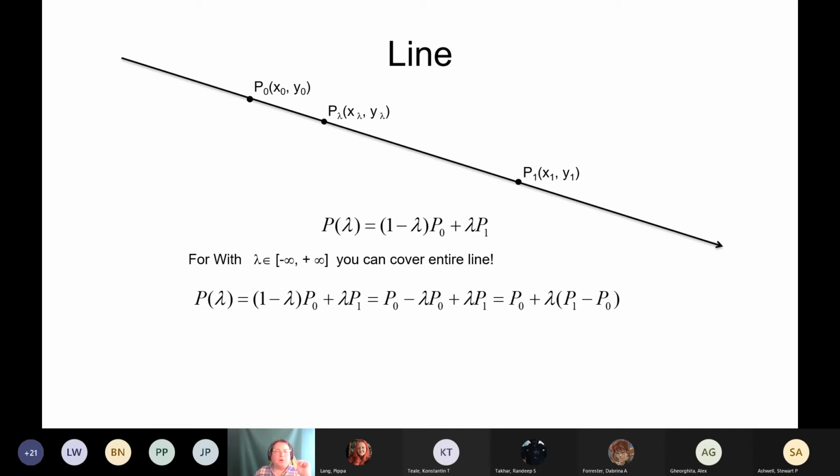Now, what I propose is a little bit of math. So 1 minus lambda P0 plus lambda P1, getting rid of this bracket: P0 minus lambda P0 plus lambda P1, and extracting lambda from these two terms. Basically what I wanted to show you is that this form is the equivalent of this formula.